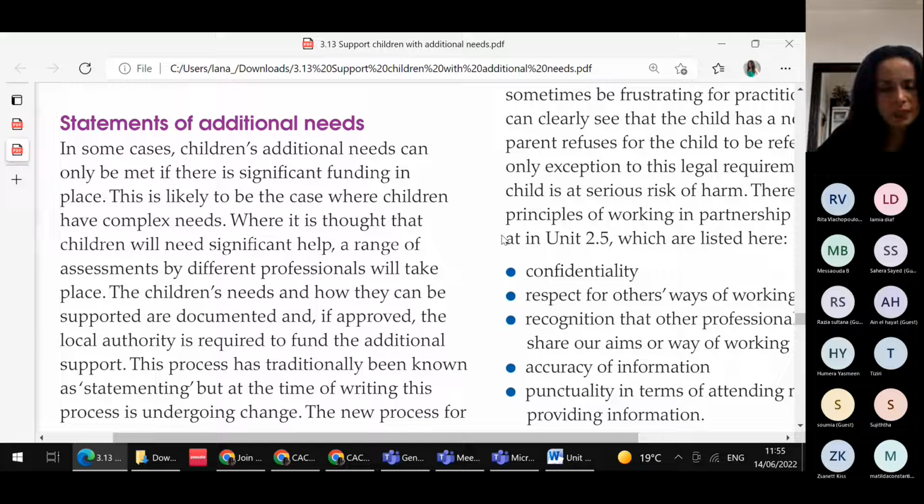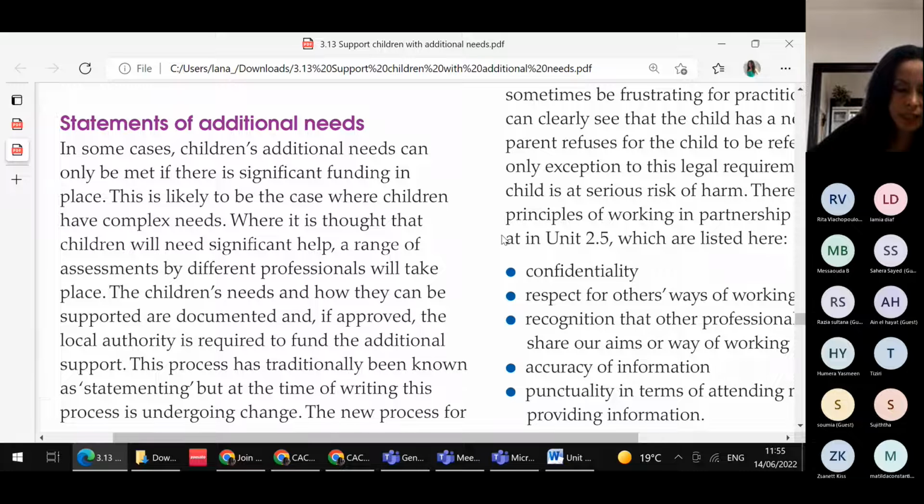And so the local authority gives funding to the nursery. If we have a child with significant additional needs, then the council would give the nursery more money to support this child.